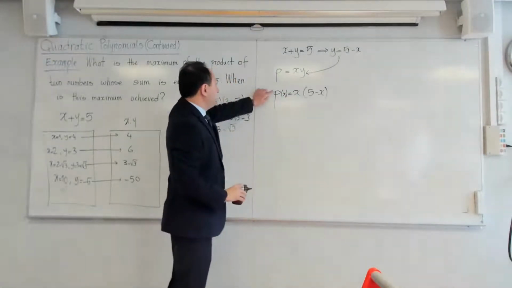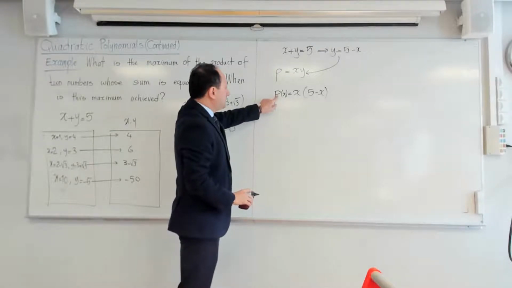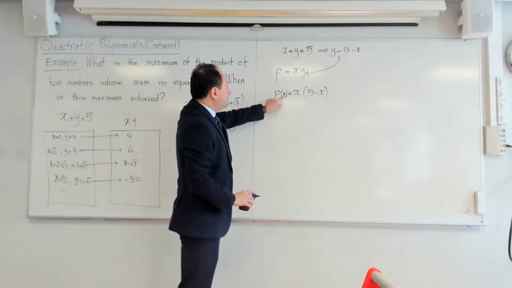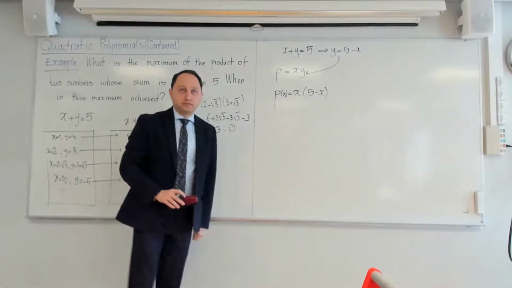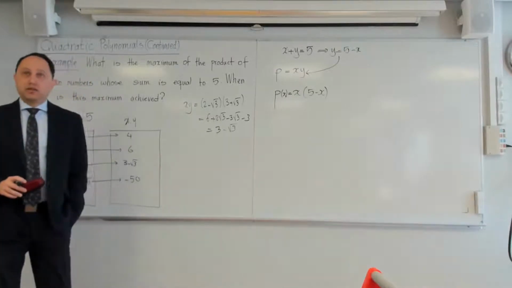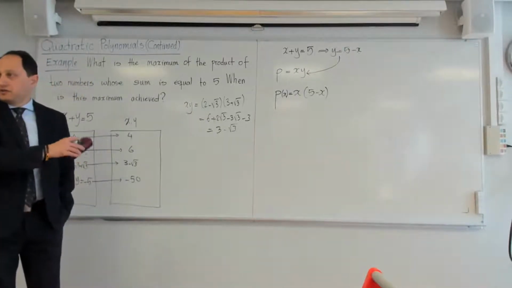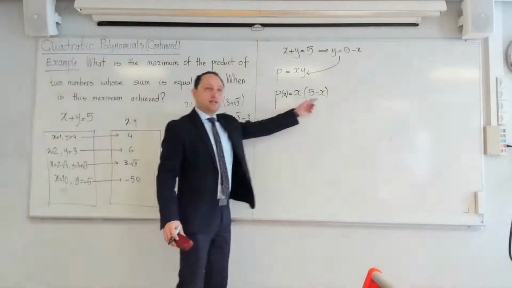So this is a product, but the value of this product depends on the value that I choose for x according to this relation. Now, do you see any connection with the concept of parabolas and everything that we have learned so far? Because this is a quadratic polynomial.